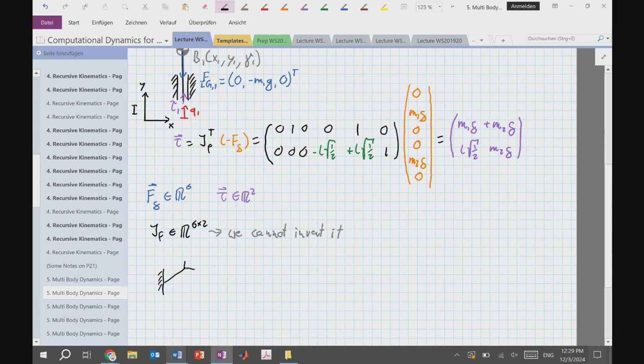And the simplest version of that is a really stupid robot where I have just one joint, but I have an end effector that is moving in the plane. I could even claim that this end effector is moving in 3D space, right? And depending on how I look at this, the Jacobian is either 6x1 or 3x1.